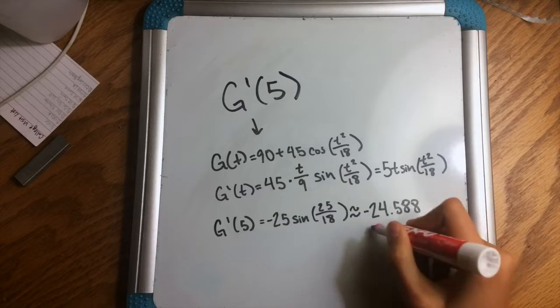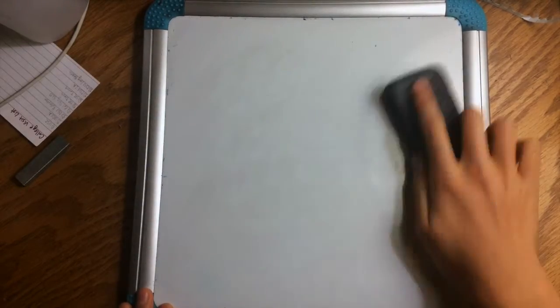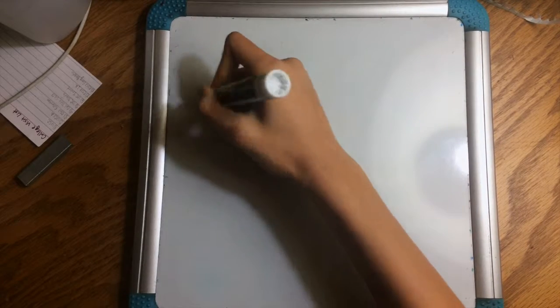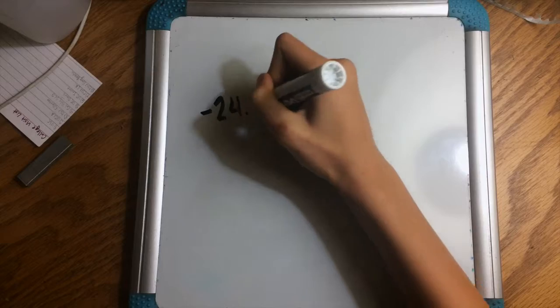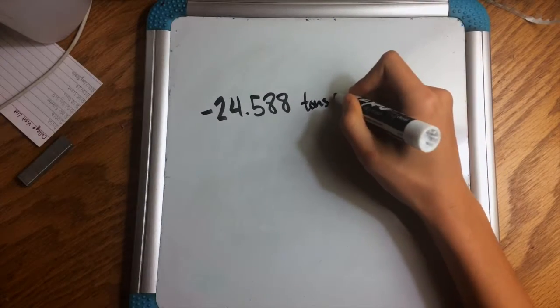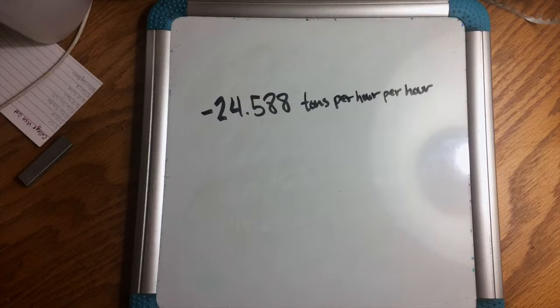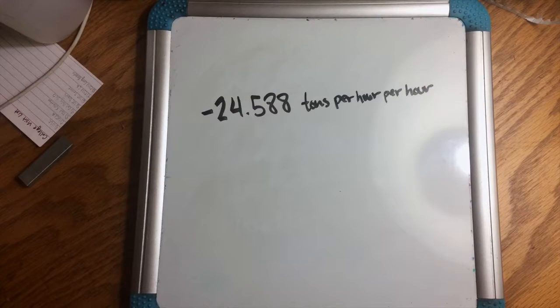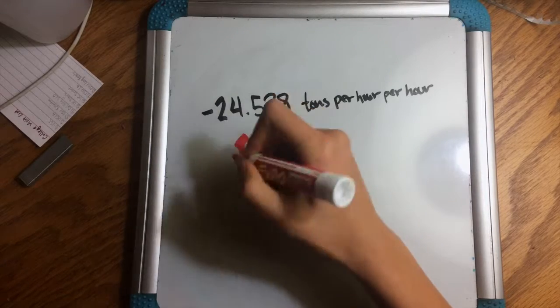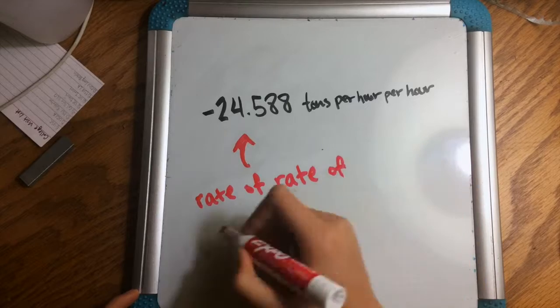And the second part of A asks us to explain what this answer means in the context of the problem. Because the original equation g of t is in tons per hour, then the derivative has to be in tons per hour per hour. This also means that negative 24.588 is the rate of change of the rate of gravel arriving.